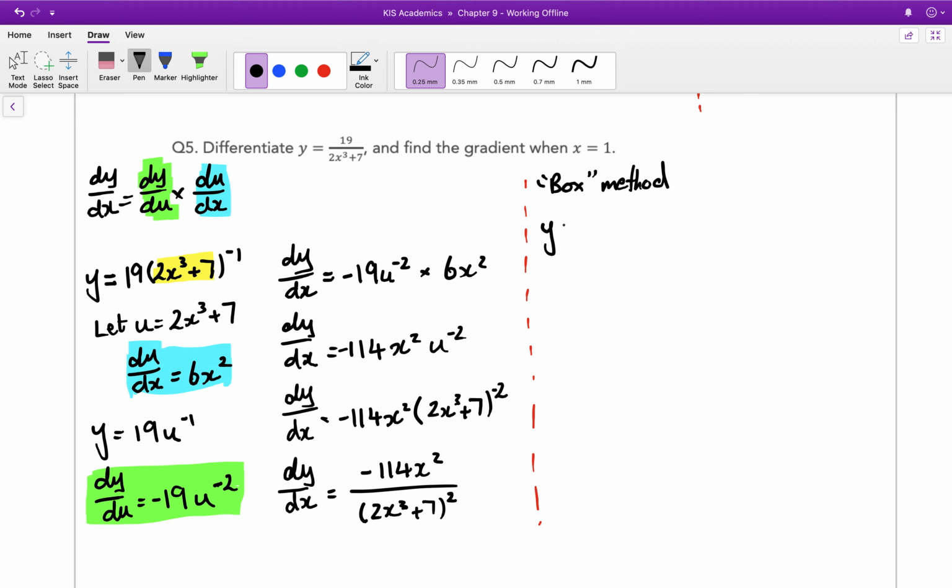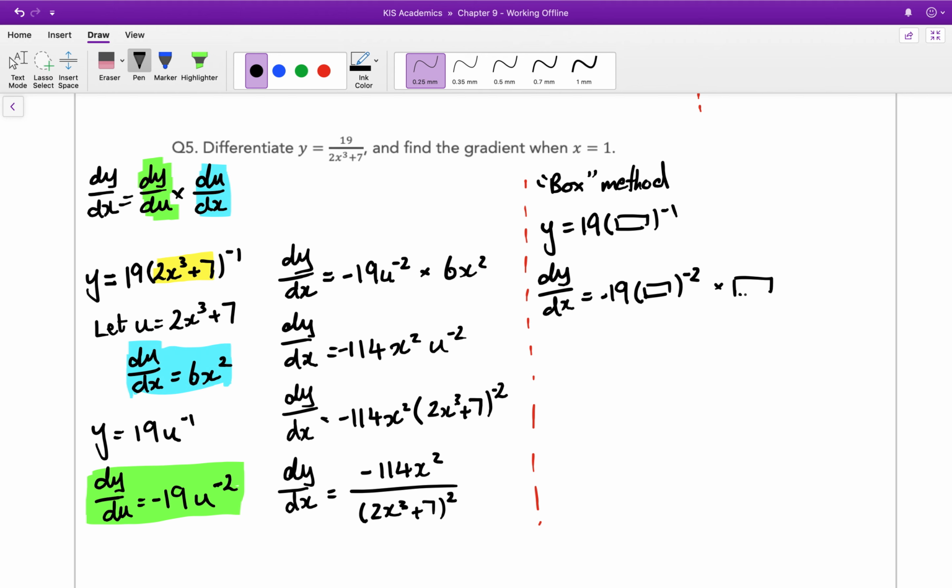So now we have y equals 19 times the box to the power of negative 1. So dy dx is equal to, just treat the box as one thing. We bring the negative 1 across, so we have negative 19 times the box to the power of negative 2.